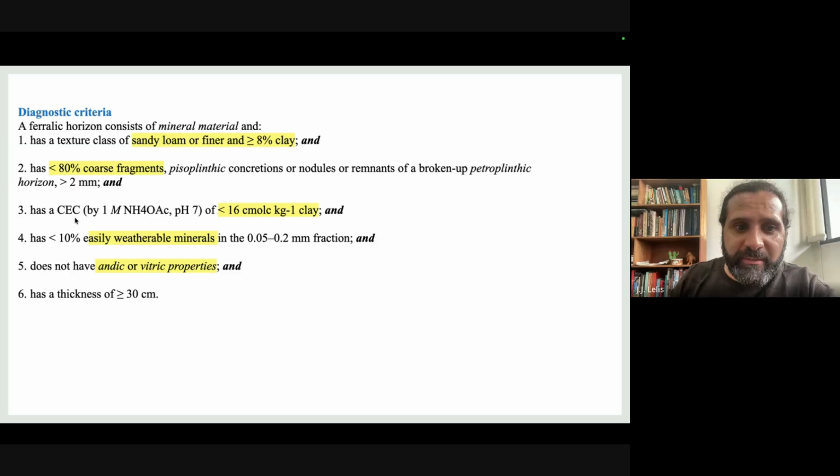The CEC per clay should be quite low, less than 16 centimole charge per kilogram of clay. So when I divide the CEC by the content of clay, the result should be less than 16.